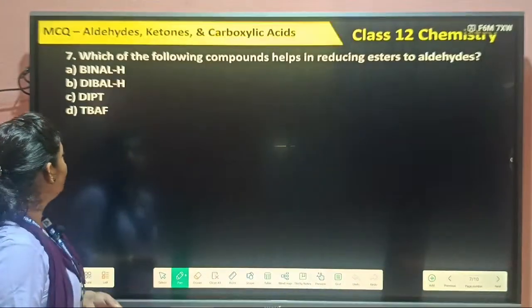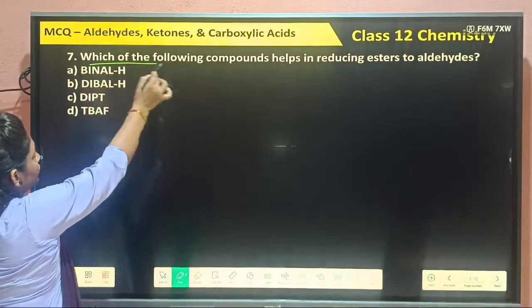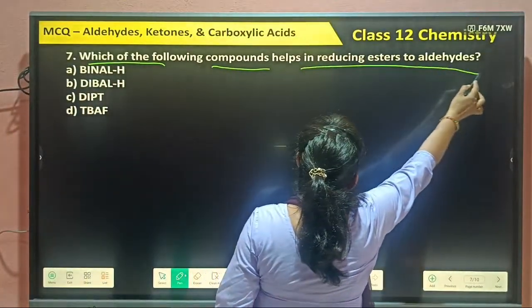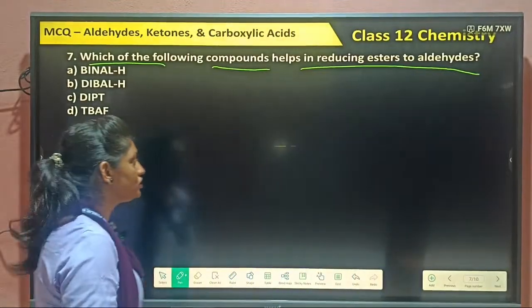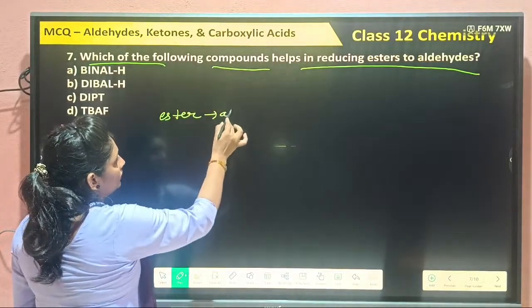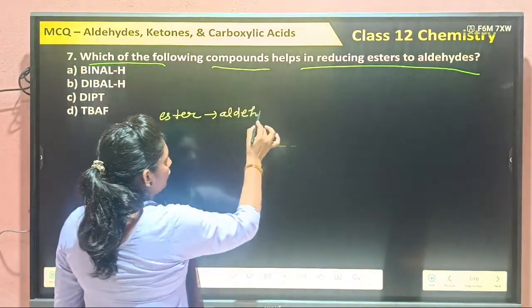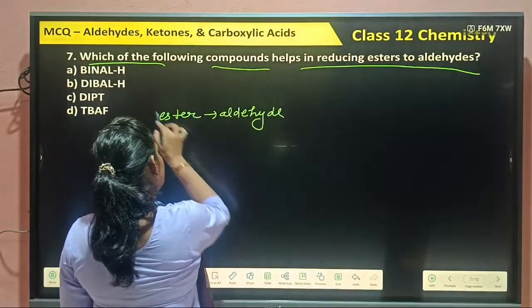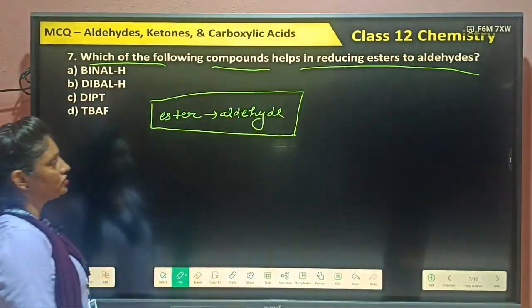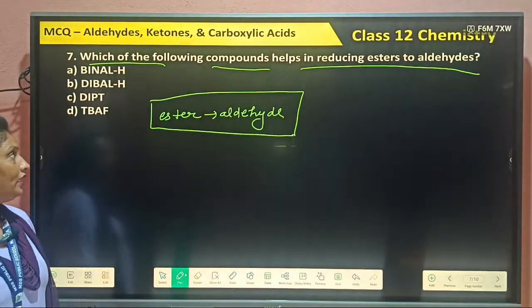Now our next question is: which of the following compounds helps in reducing ester to the aldehyde? Which can reduce ester to aldehyde? We have already discussed this reaction in methods of preparation, for reduction of ester into aldehyde.